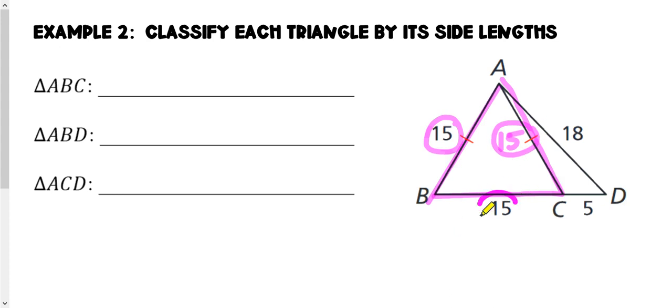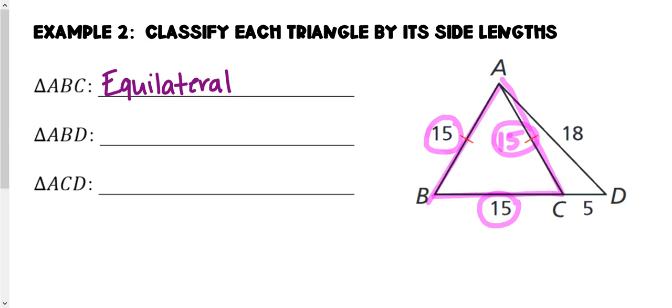And then BC is also 15. So if all 3 are the same, oops, can't write with my highlighter here. Let me switch to pen. So if all 3 are the same, then it is an equilateral triangle.